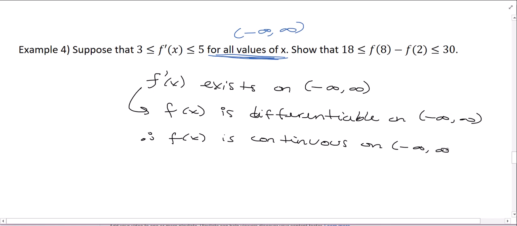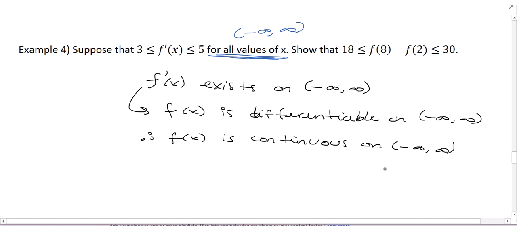And that was that theorem that we had when we started derivatives and talking about what it means to be differentiable. There was a theorem that said if the function is differentiable, then the function is continuous, but the converse is not true, right? If the function is continuous, that does not mean the function is differentiable. Think the absolute value of x. But because the function is differentiable, we can say then the function is continuous.